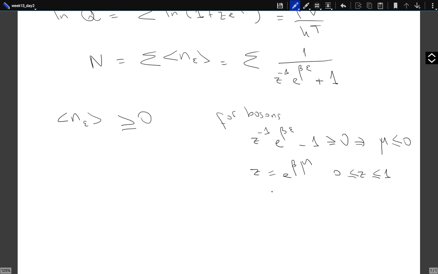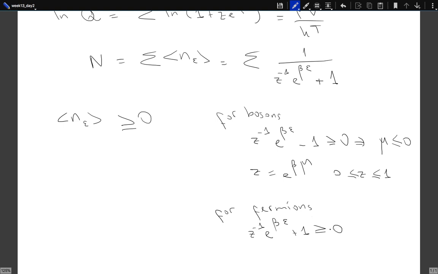But now in the case of fermions, the condition on the number of particles is that e to the power beta epsilon plus 1 should be larger than or equal to 0.